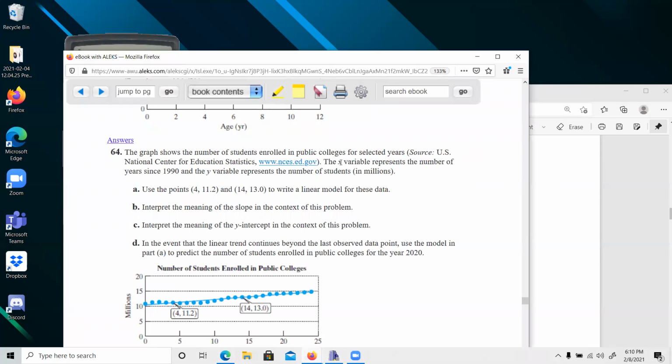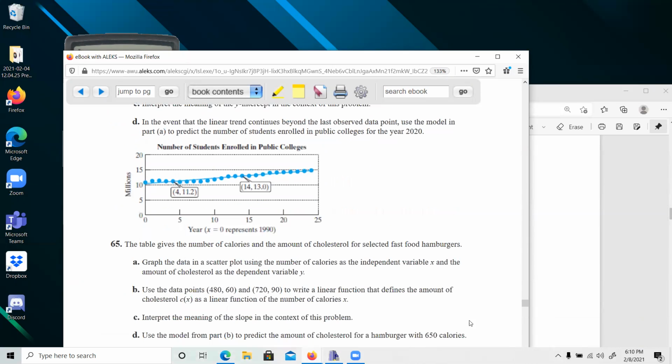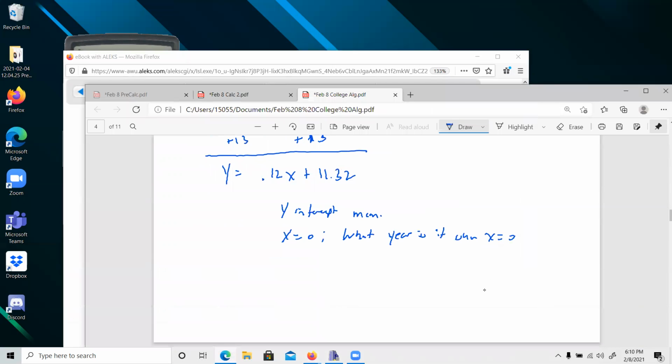The x variable represents the number of years since 1990. If it was 0 years away from 1990, wouldn't that mean we're in 1990? So what that means is that there were 11.32 million students enrolled in 1990.